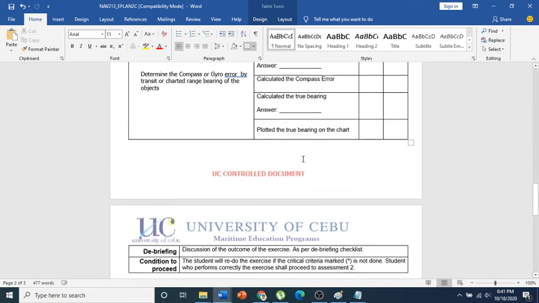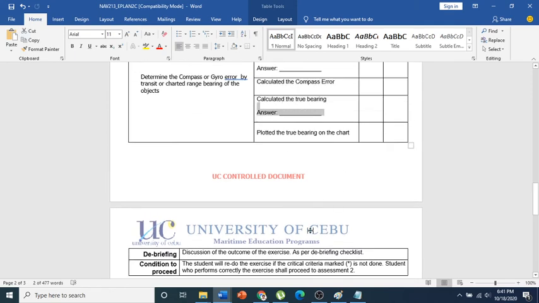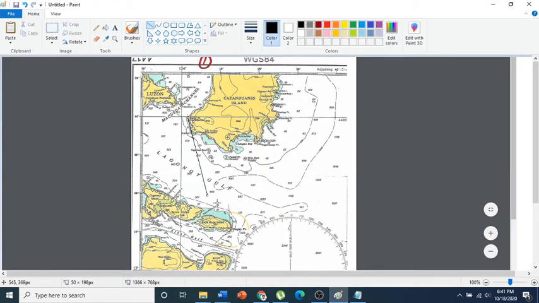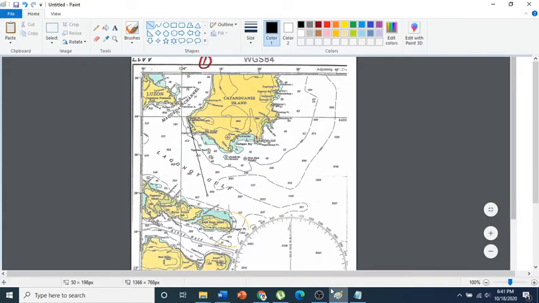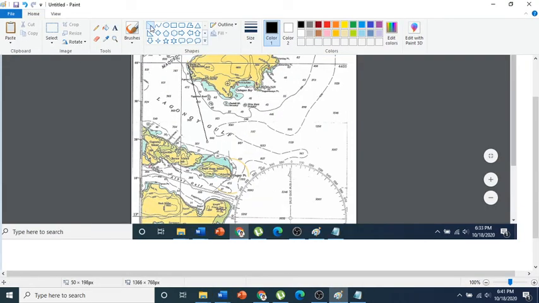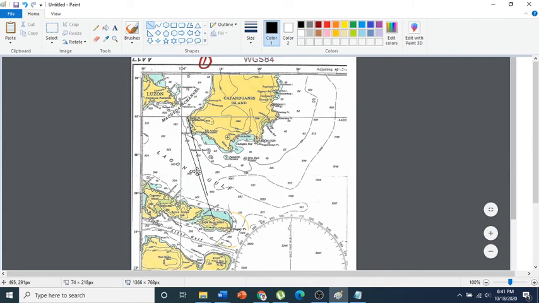Now that we have the true bearing, which is 340 degrees, we need to plot it on the chart because that is the final requirement in the e-plan. We put 340 in transit with these two points, and afterwards we label accordingly: true bearing 340 at 1200.